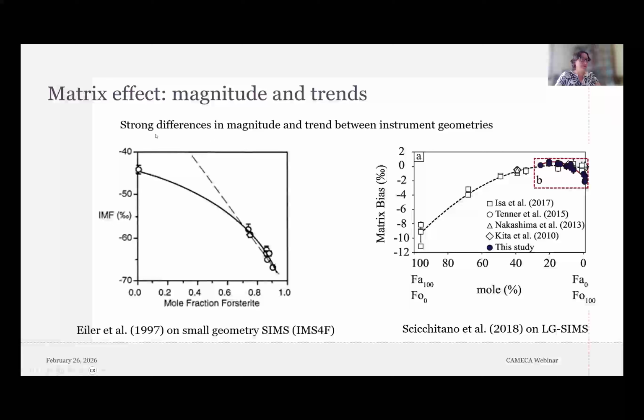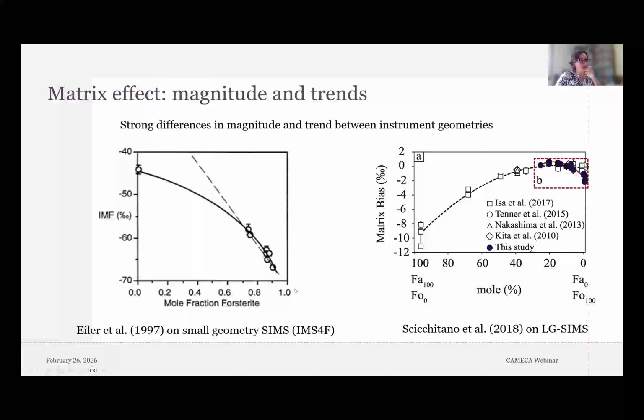In contrast, when we look at the paper of Eiler 1997, where they really carried out an extensive study of the matrix effect by SIMS, but using a small geometry SIMS in different minerals, they see a quite different trend from large geometry SIMS.